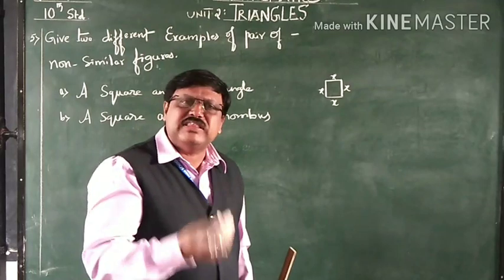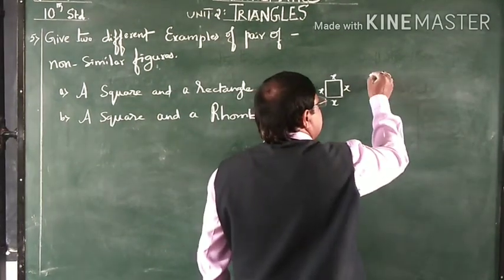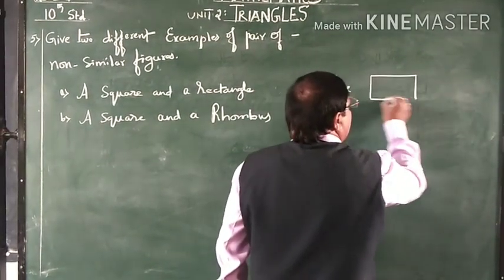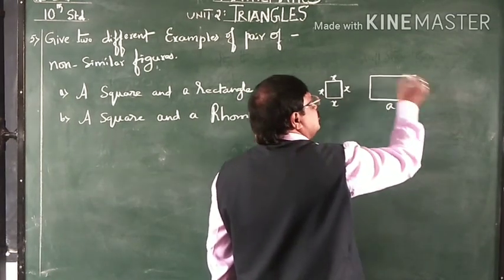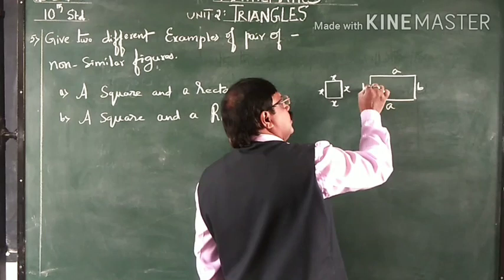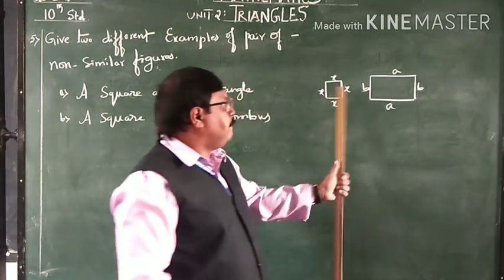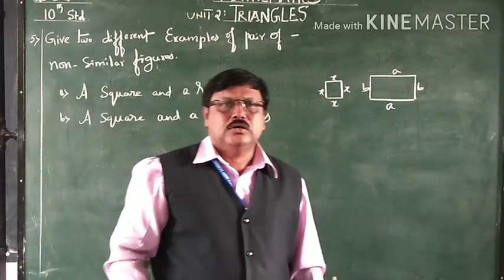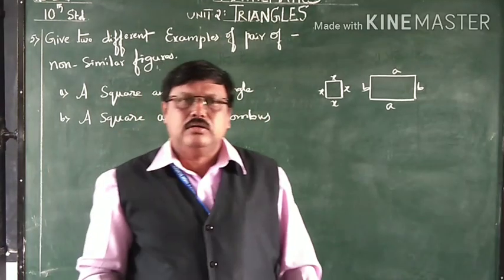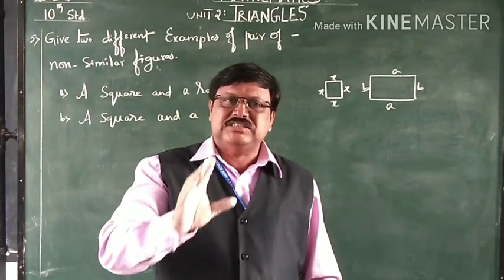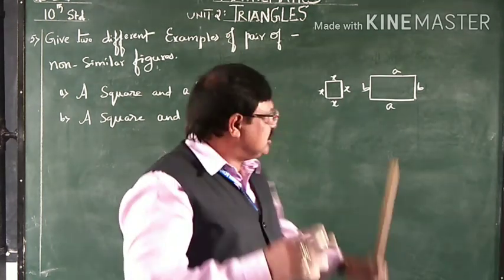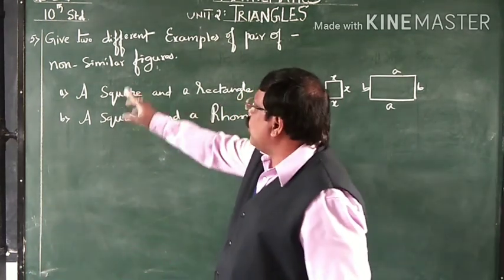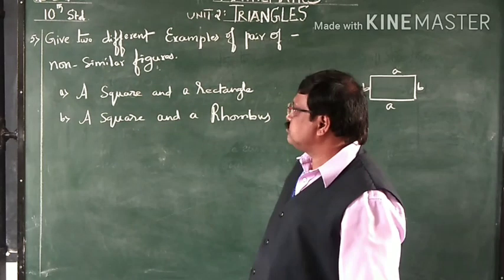If you compare that with a rectangle, it has different sides. Opposite sides are equal, but different. If you compare the corresponding sides, they may not be equal. Such type of figures are called non-similar figures.